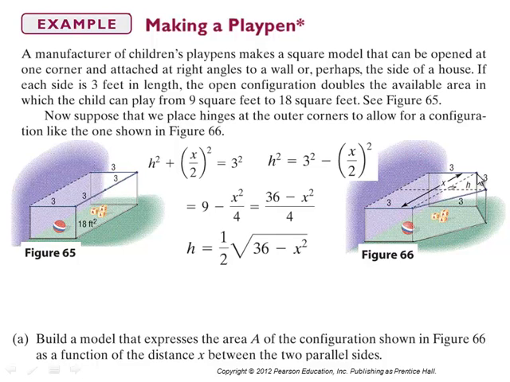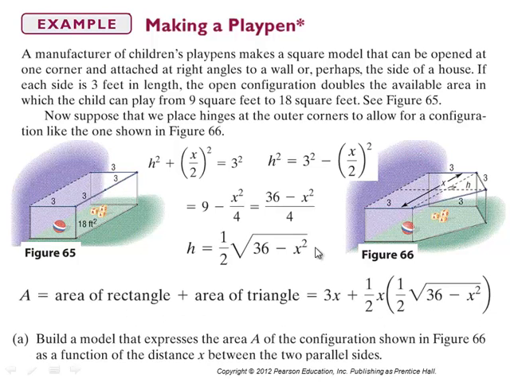So then what is the area of this larger triangle? It's 1/2 times base times height. The base of the big triangle is x, and you've got the height right here. So the area of that triangle is going to be 1/2 times the base, which is x, times the height, which is 1/2 times the square root of 36 minus x squared.